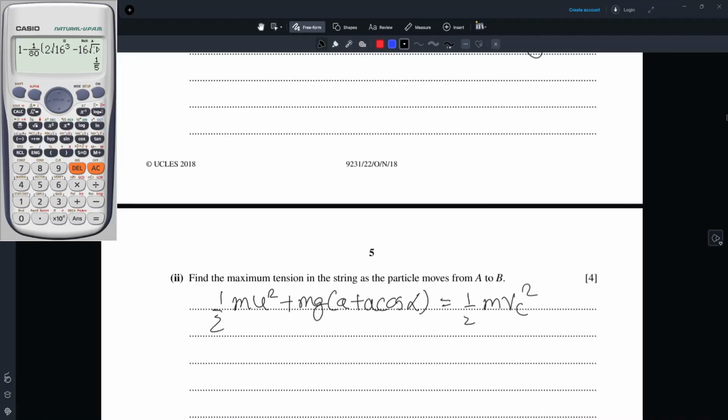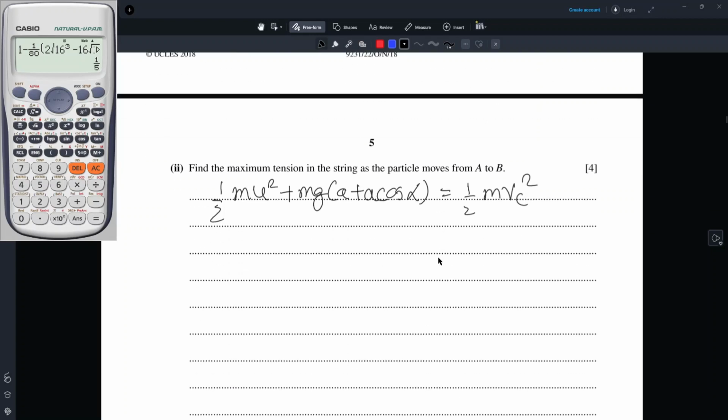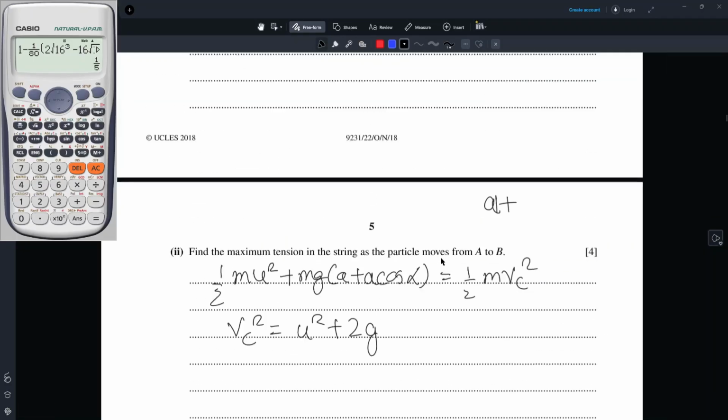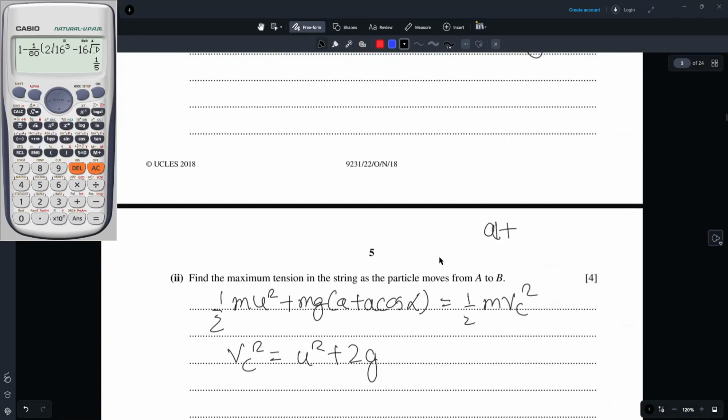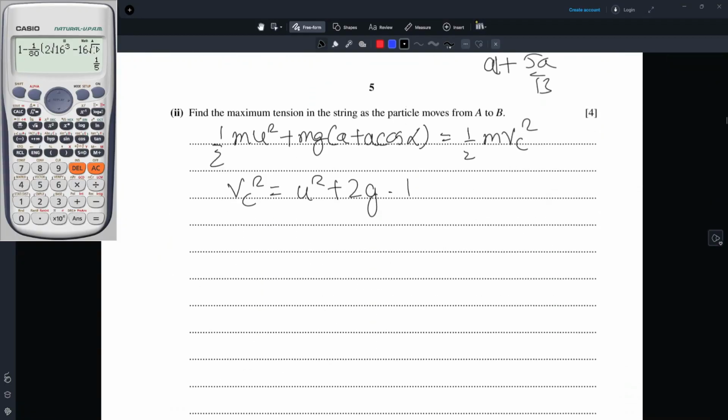At C, it loses all that part. The change in GP is this one. So it means that vc squared equals u squared plus 2g times a plus a cos alpha, 1 plus 5a by 13, or it's going to be 18a by 13.